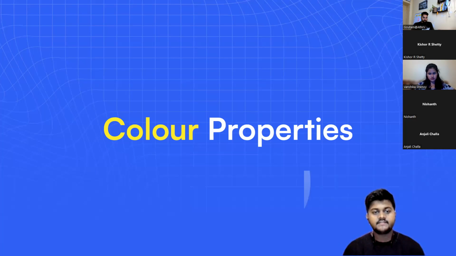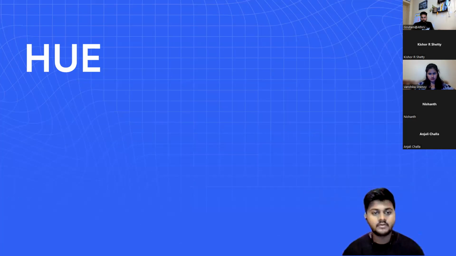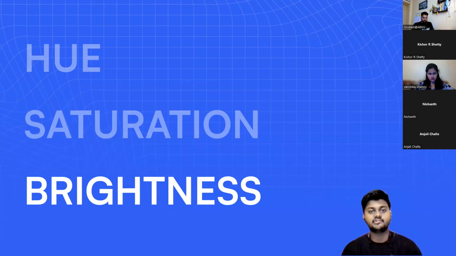There are three important and major properties in color: hue, saturation, and brightness. So HSB, or hue, saturation, and brightness. Using these three fundamental and basic properties, you're going to define a particular color.